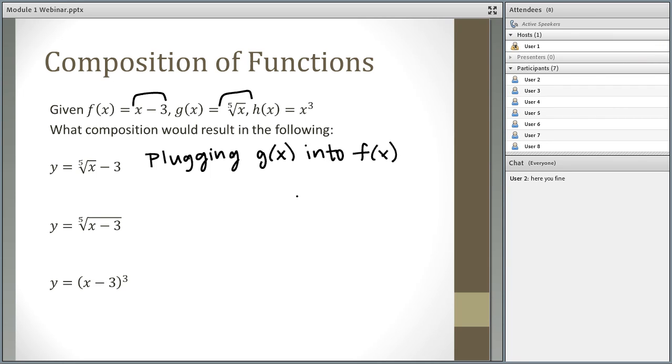I'm taking the fifth root of x and I'm replacing this x by the fifth root of x, and then I have the minus 3. So I'm plugging g of x into f of x.